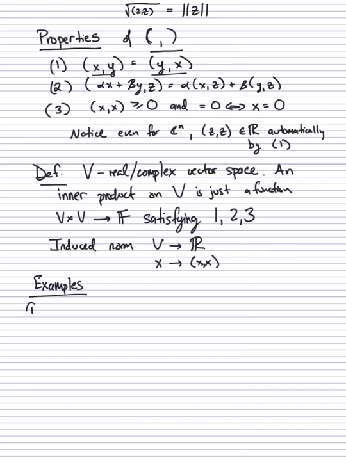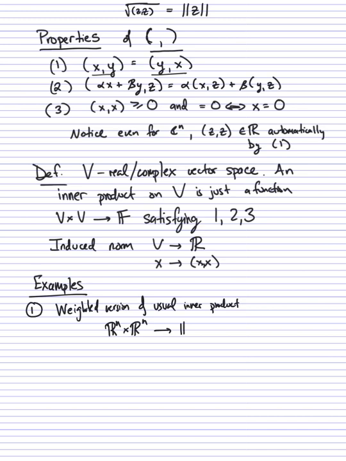So let's do some examples of this. We saw one example, the most important example, the Euclidean inner product. You can also take a weighted version of the usual inner product. I'll just do this on Rn; you can do it on Cn as well.